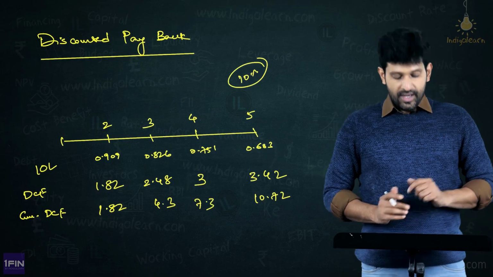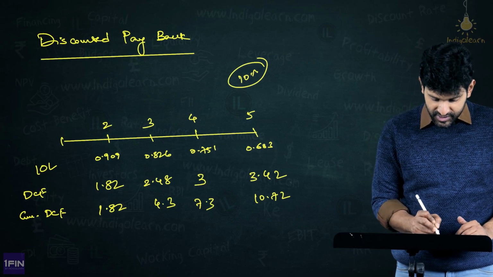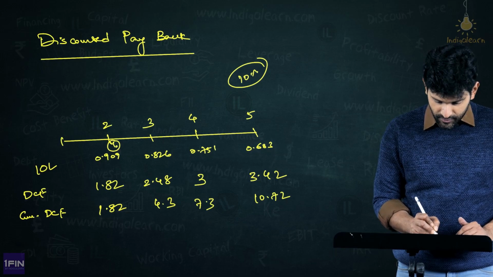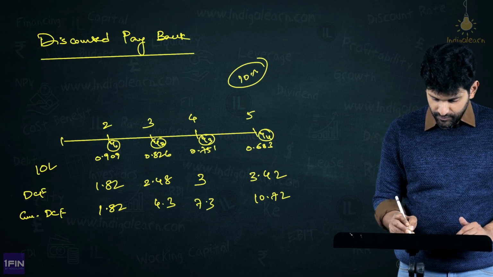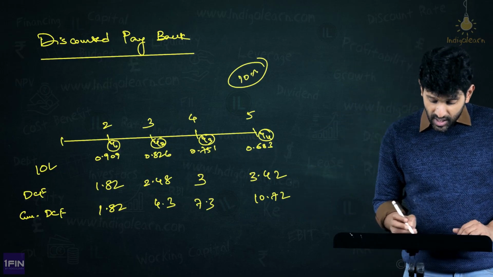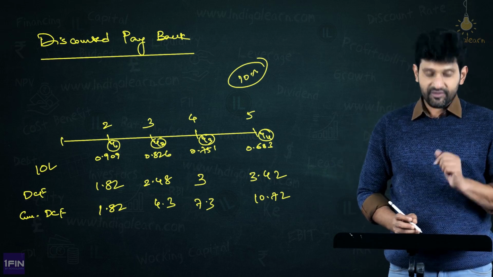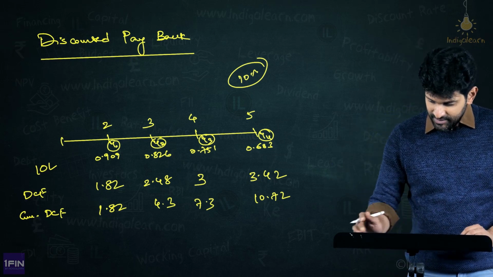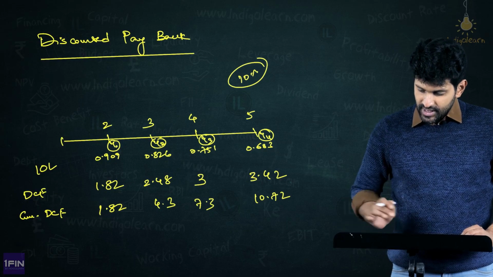Now when is this 10 lakhs recovered? Again somewhere between year 3 and year 4. This is year 1, year 2, year 3 and year 4. By the end of year 4 it is 10.72, and by the end of year 3 it is 7.3. Therefore, how much is recoverable? 10 minus 7.3, that is 2.7.